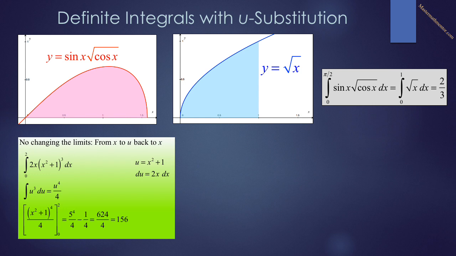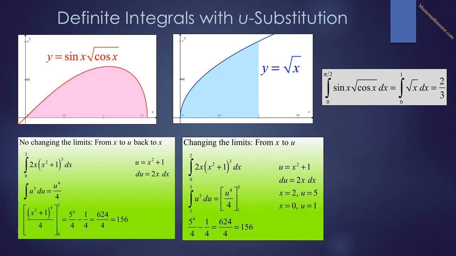So this problem becomes the quantity x squared plus 1 raised to the fourth over 4 evaluated between 0 and 2. That is 5 to the fourth over 4 minus 1 to the fourth over 4, and that is 624 over 4, and the area is 156.